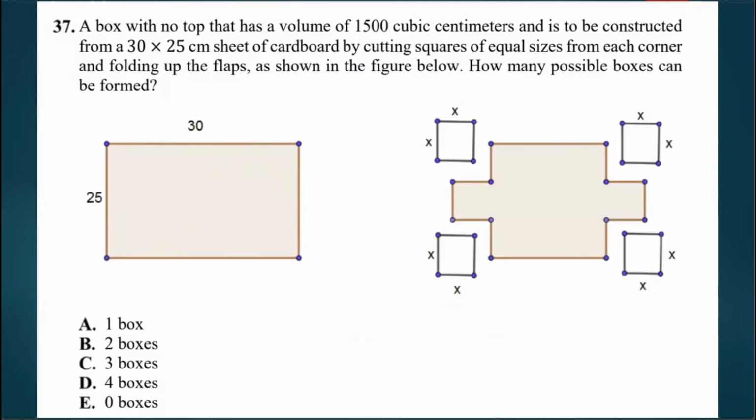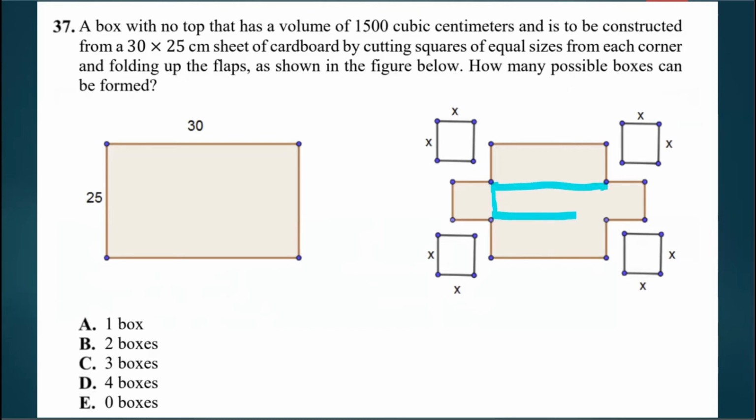Okay, here. A box with no top that has a volume of 1500. I think you are familiar with this type of drawing, a cardboard with 4 squares cut from each corner. Here I'd like you to think about the base of the new shape. Can you see that base?